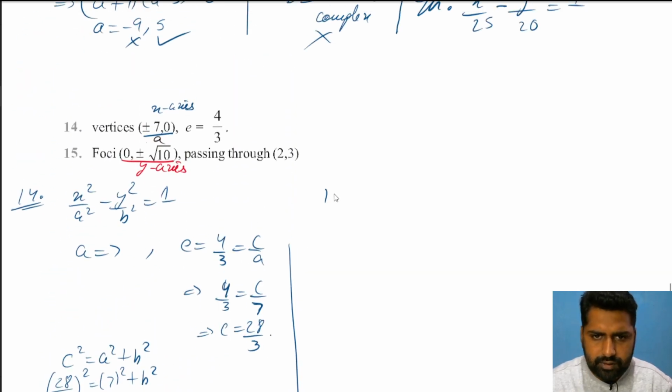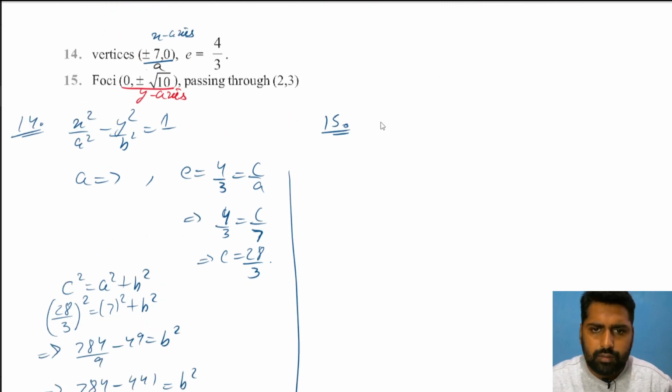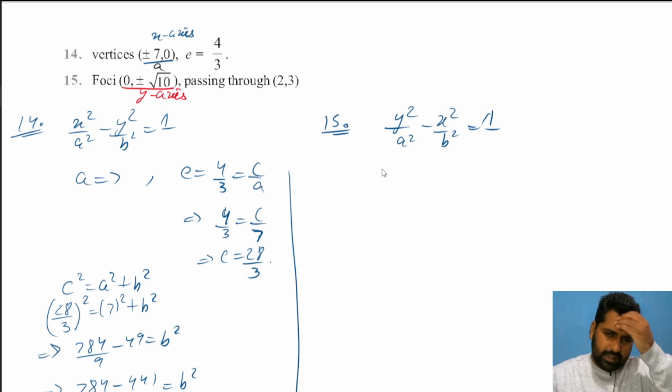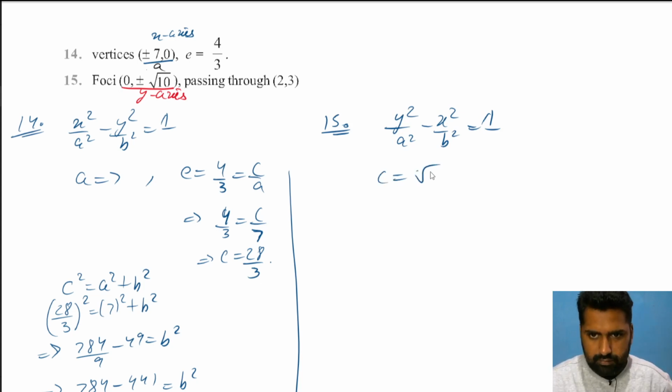So for the 15th question, the equation we have to use is y square by a square minus x square by b square equal to 1, because the focus is on the y-axis. Focus is always represented by c, so c is root 10.